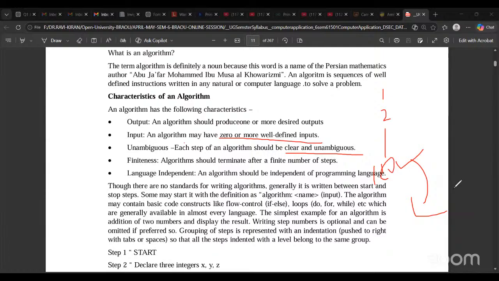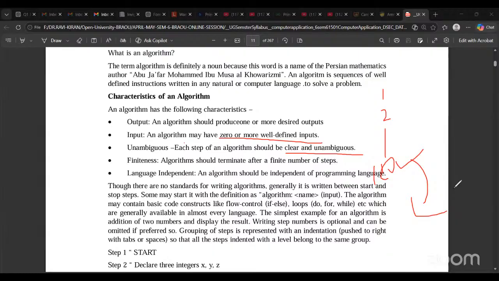So some people may start it with the definition and so on. It may contain basic code structures. It's not that unstructured.